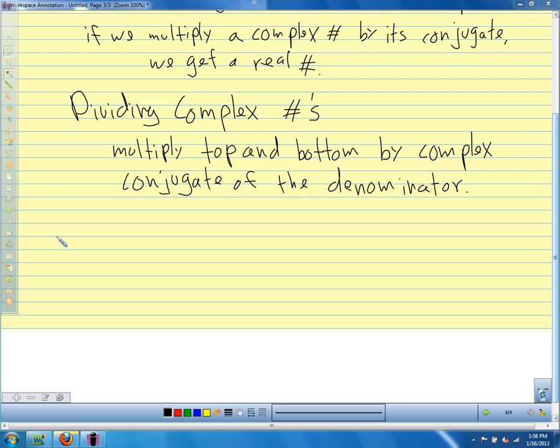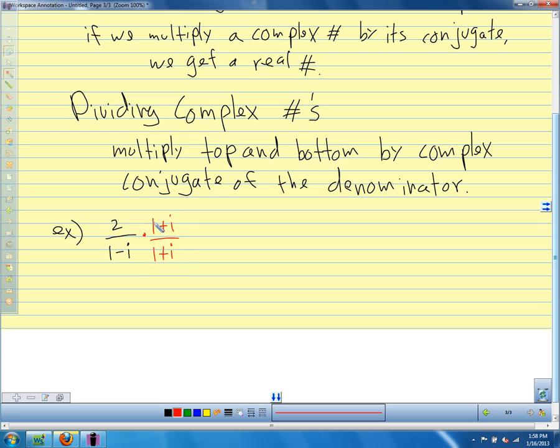So if we wanted to divide 2 by 1 minus i, I'm going to multiply the numerator and denominator by the complex conjugate of the denominator. So I'm going to multiply by 1 plus i over 1 plus i.